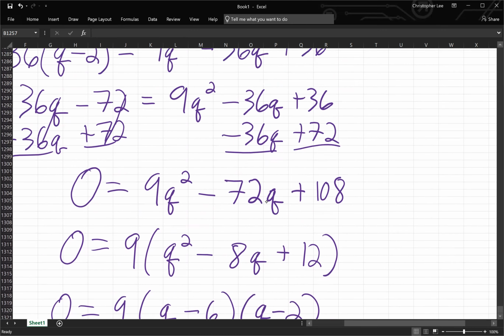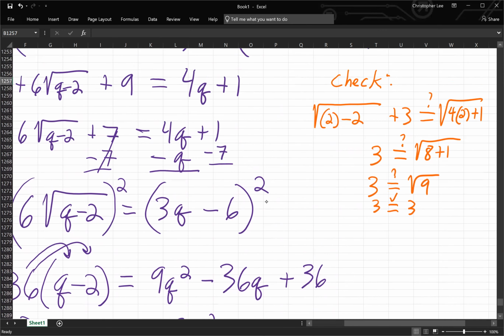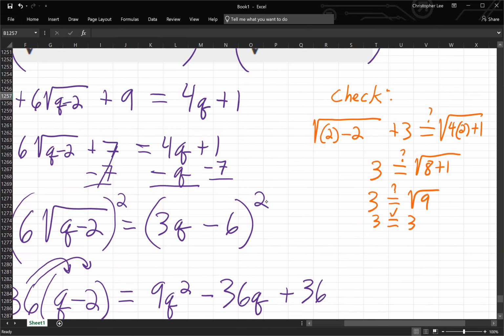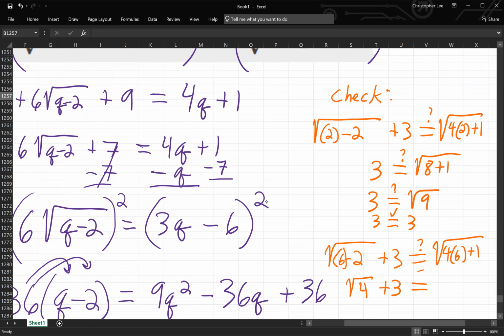Let's try out that 6 though. I'm not sure if the 6 will work, but what we gonna see? So I'm gonna have the square root of 6 minus 2, plus 3 allegedly is equal to the square root of 4 times 6 plus 1. Let's do the math on that. 6 minus 2, this is square root of 4 plus 3.